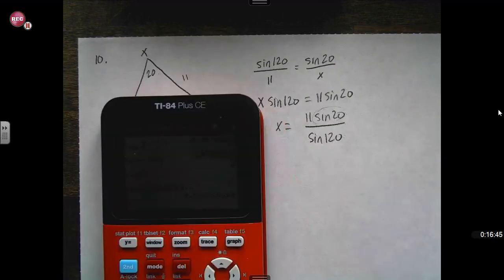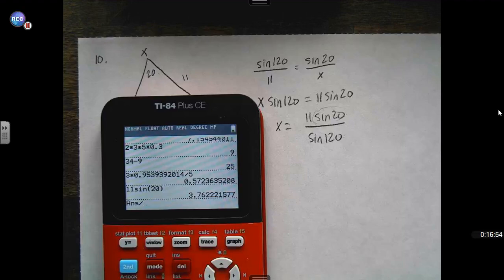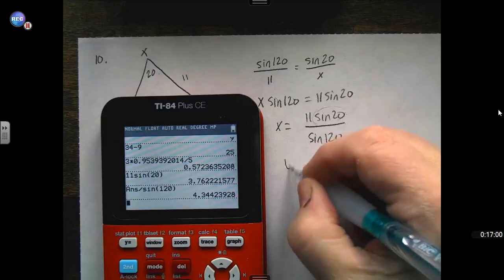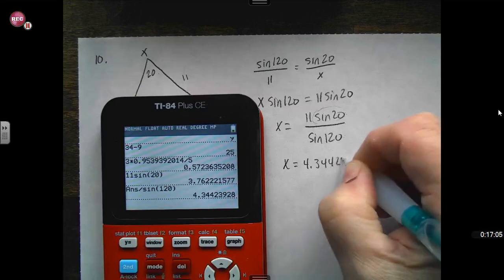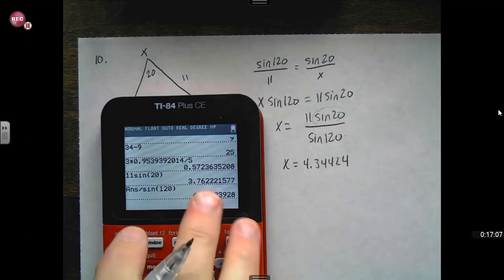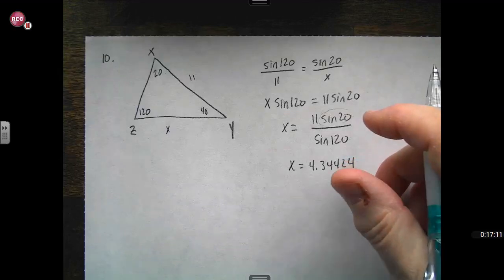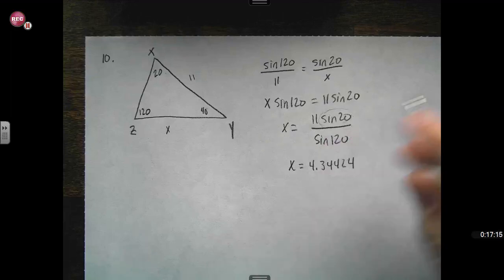So we take 11 times the sine of 20, and then press equals, divided by the sine of 120, and press equals. And I get that x is 4.34424, and we are supposed to round our answers to the nearest tenth. So the answer there would be 4.3.